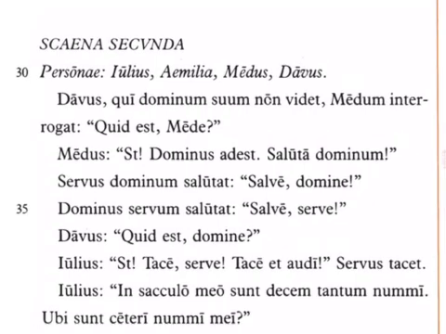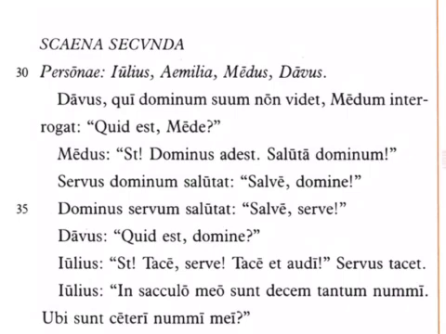Davus, qui dominum suum non videt, medum interrogat. Davus, who does not see his master, asks Medus. Apparently where he entered the room, he didn't have a view of the master, doesn't see him right away, but he does see Medus, who called him. This is a complex sentence. Notice the commas around the qui clause to note that it's a dependent clause.